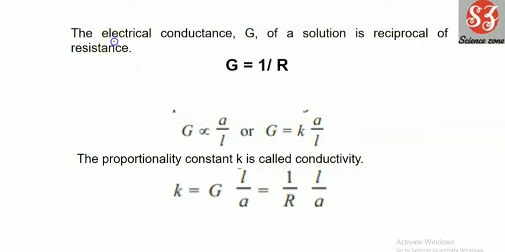Next is the electrical conductance. So electrical conductance G of a solution is the reciprocal of R, that is of resistance.